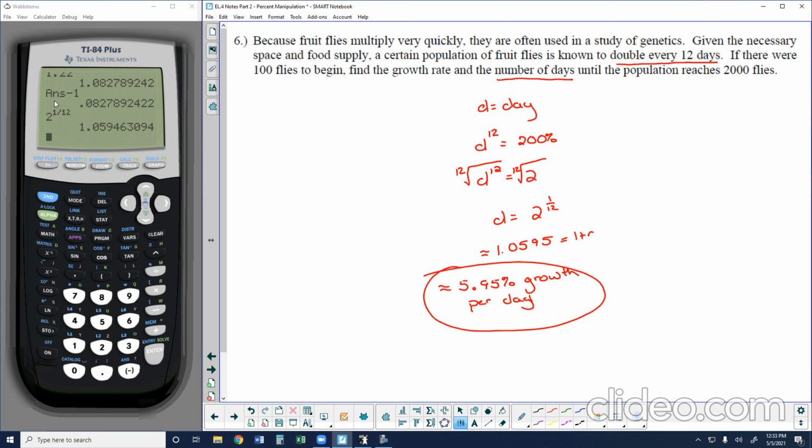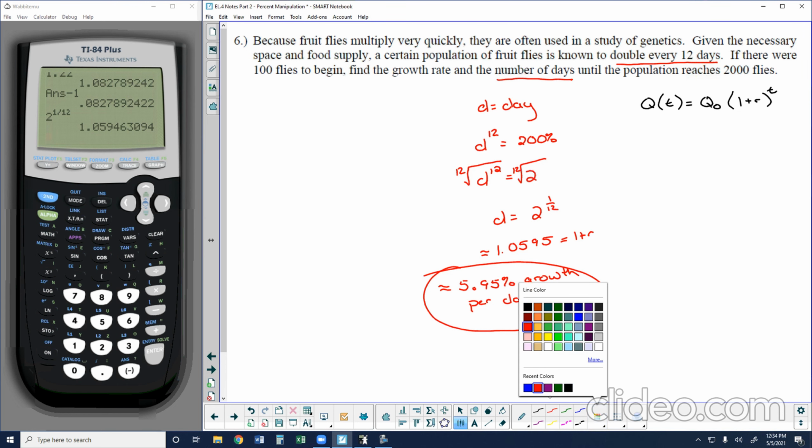The other part of the question is to find the number of days until the population reaches 2,000 flies. So again, we want to find that quantity over time, which is q sub 0 times 1 plus r in this case, because we are increasing the population, to the t power. And so in this case, we have the quantity over time is 2,000.